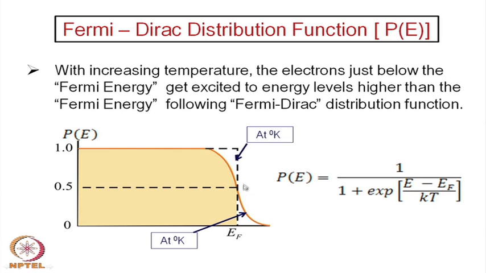It is a rectangular curve, a complete discontinuity at E f from 100% occupancy to 0% occupancy, and then it continues there. Whereas, I think there is some mistake here, it is not at 0 degree Kelvin, it is T greater than 0 degree Kelvin. Let me see whether I can make this change here itself.